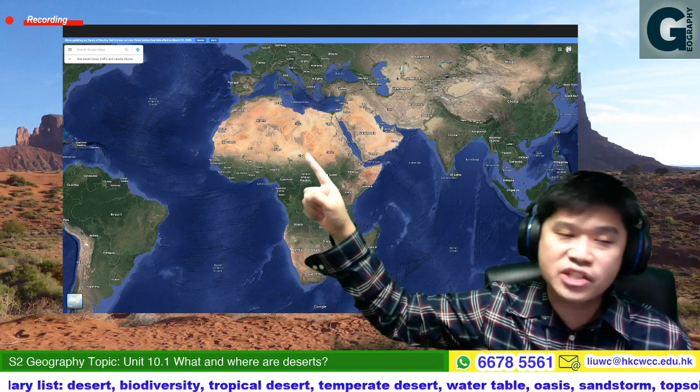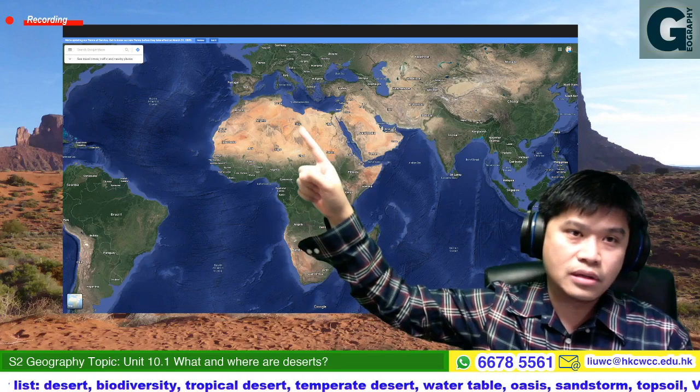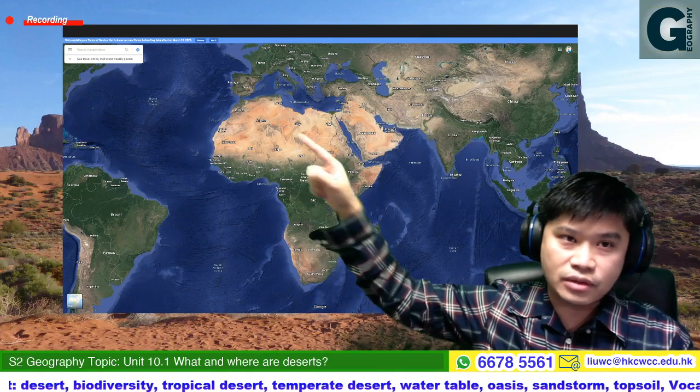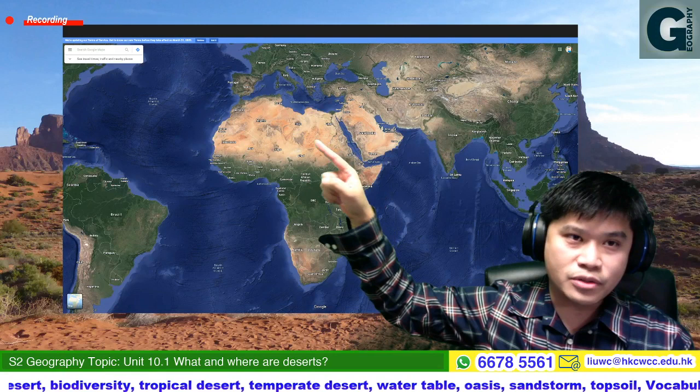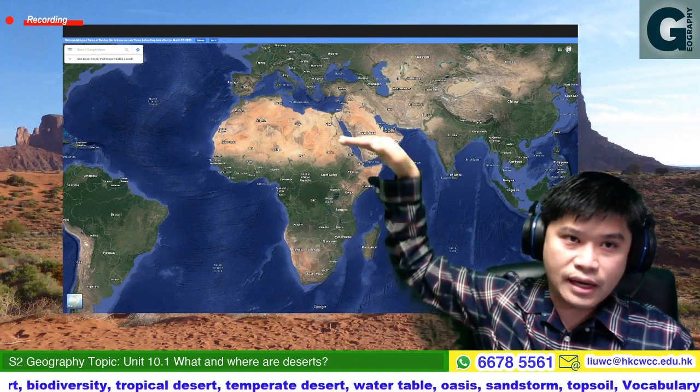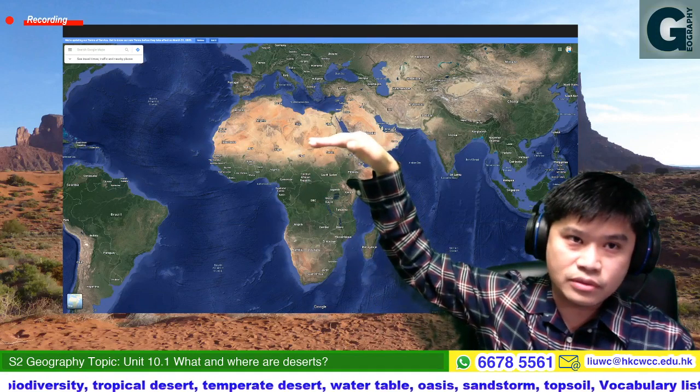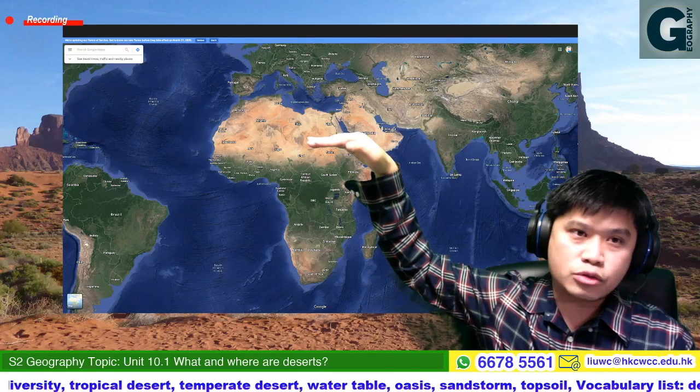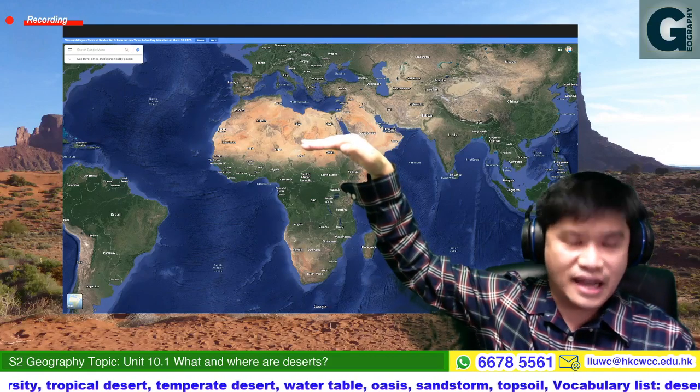That is the largest desert in the world. You will see the latitude, which would be at the same level as what we call the Tropic of Cancer.